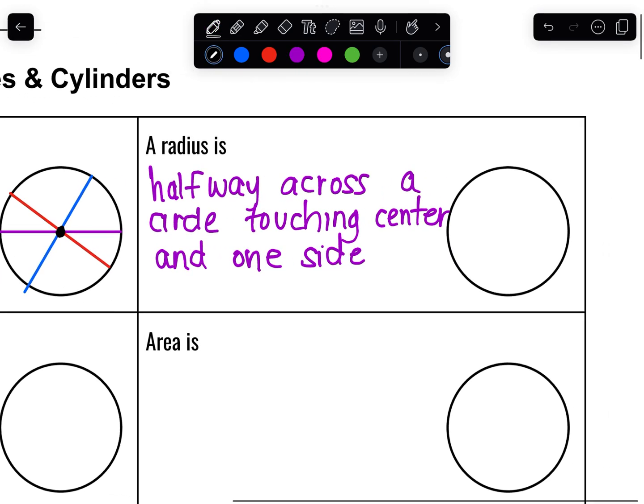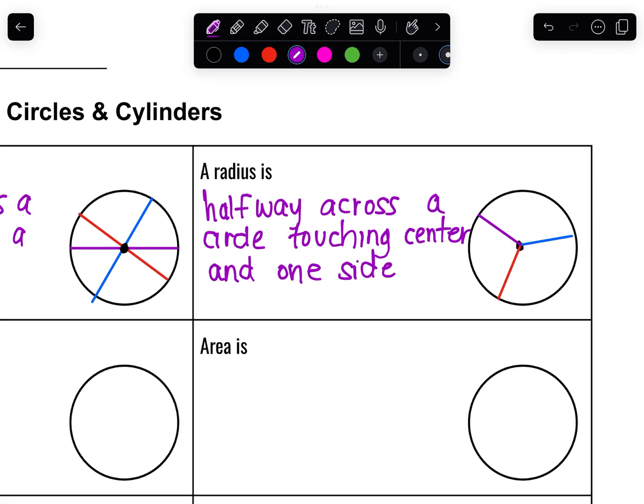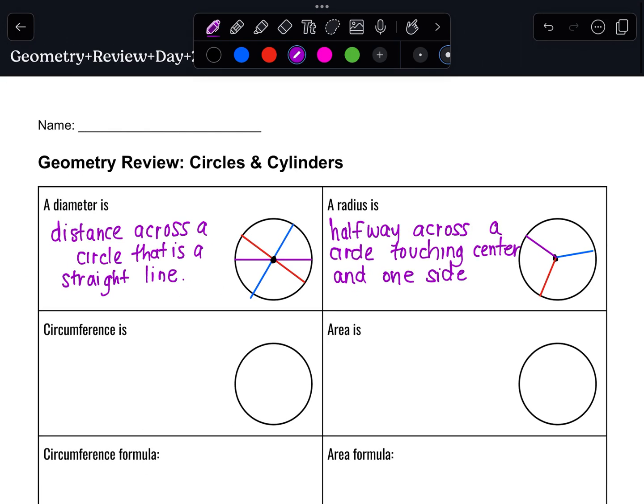So if we draw a center point on this diagram, do the best I can, from the center we can draw a radius from here. We could draw a radius from here. Anything that is halfway across touching the center and one side. So there's 3 radii in that diagram.